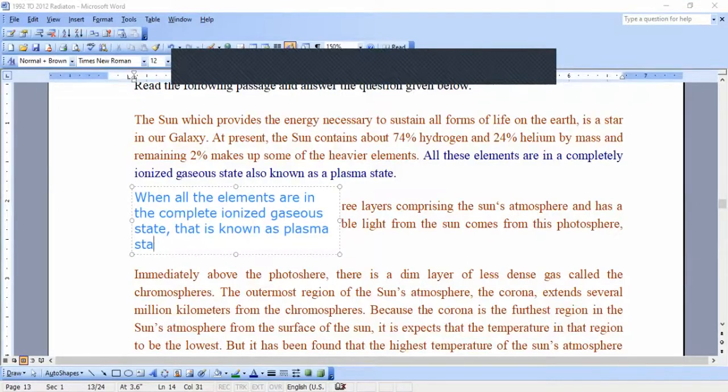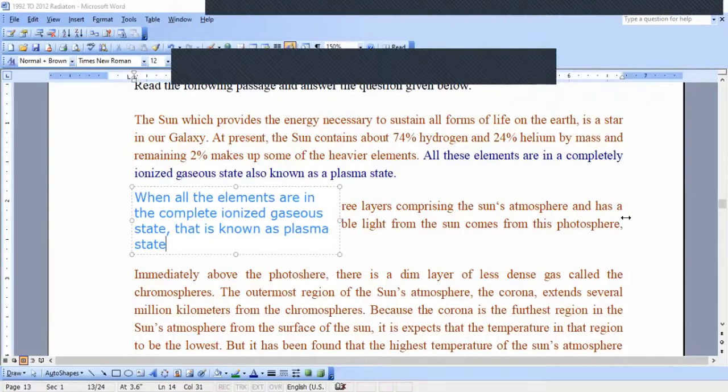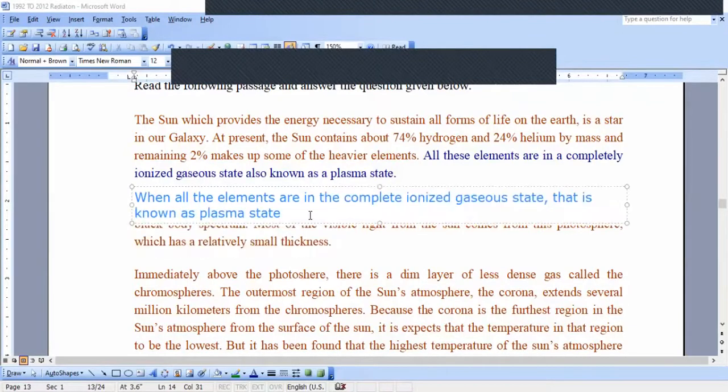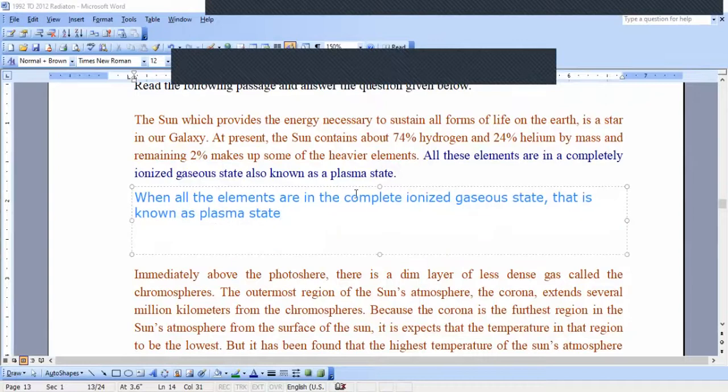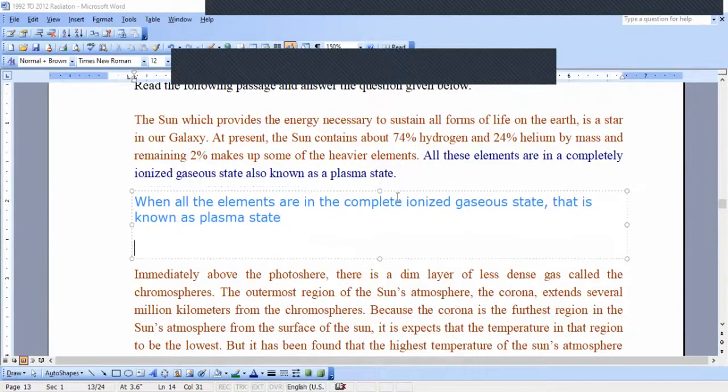So this is the answer for Roman number 1. Okay, dear? Everybody please write this here. For Roman number 1, this is the answer. Everybody please write the answer for Roman number 1. When all the elements are in the complete ionized gaseous state, that is known as plasma state.